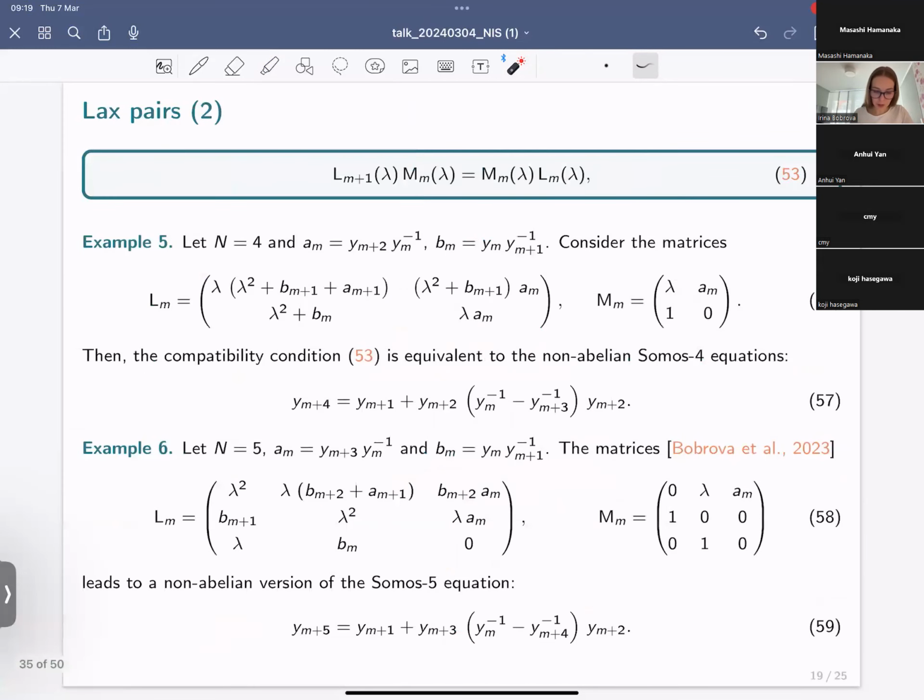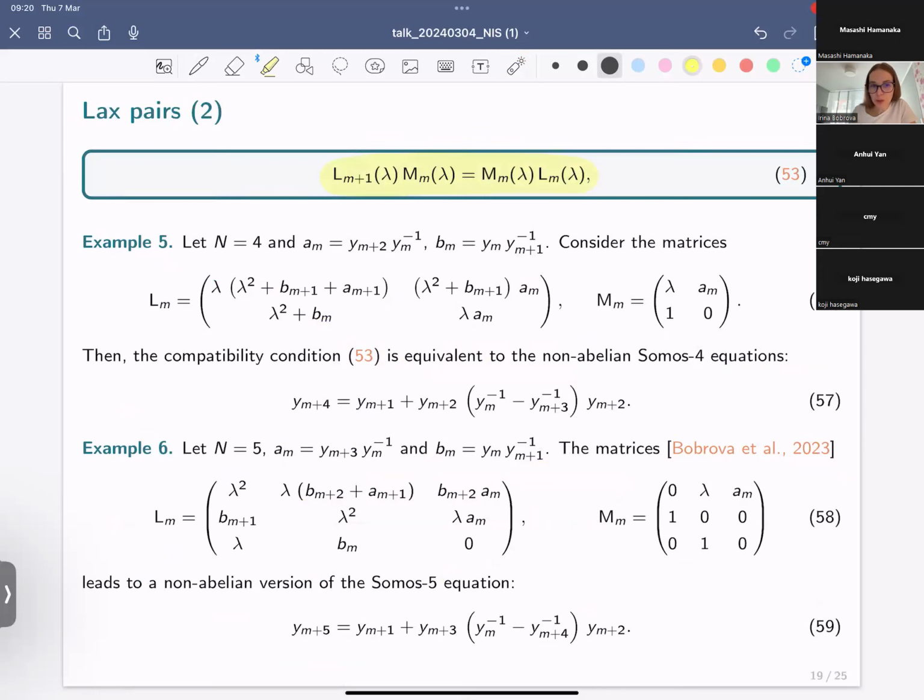Let us look at the example. We would like to present an example of an autonomous system. In this case, the compatibility condition is of this form, given by equation 53.